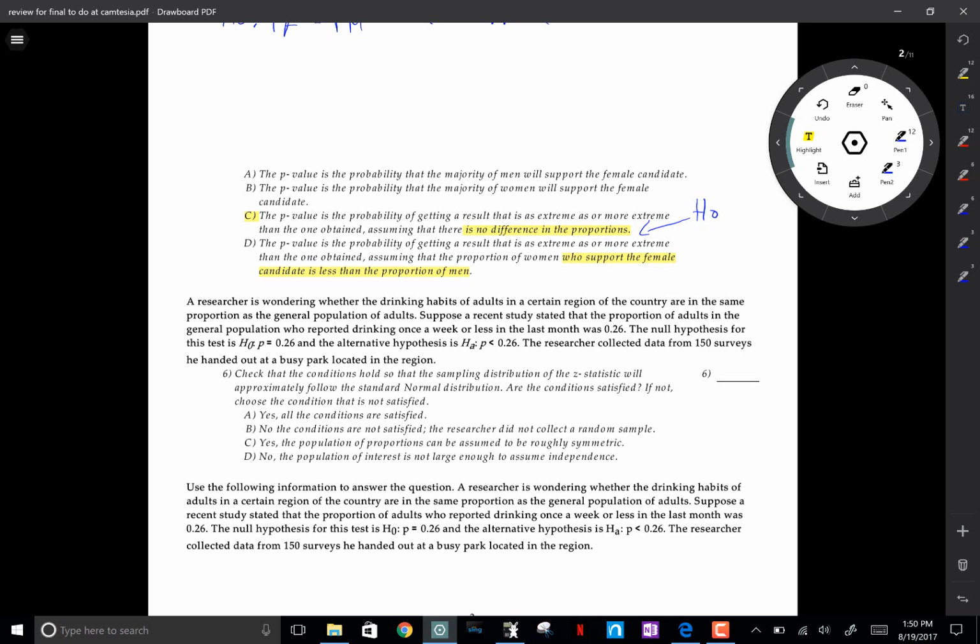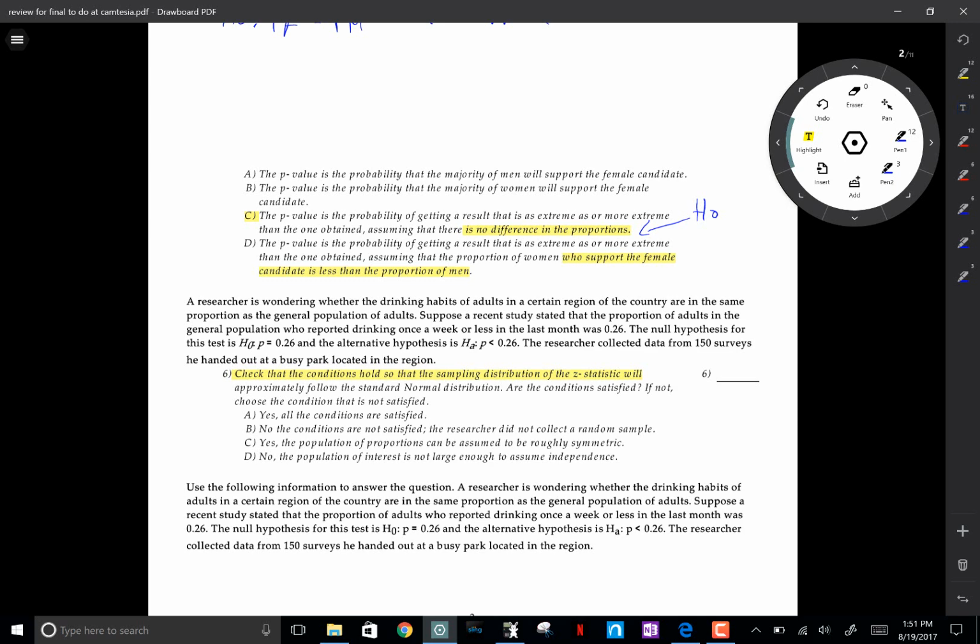Okay, if you look right here at 6, it says check the conditions hold so that the sampling distribution of the z-statistic will be approximately normal. So for this one, you're going through the 4 steps. First step, they have to be randomized. So we have to make sure that the way they collected the data is random. The next thing we want to check is whether they collected enough data.